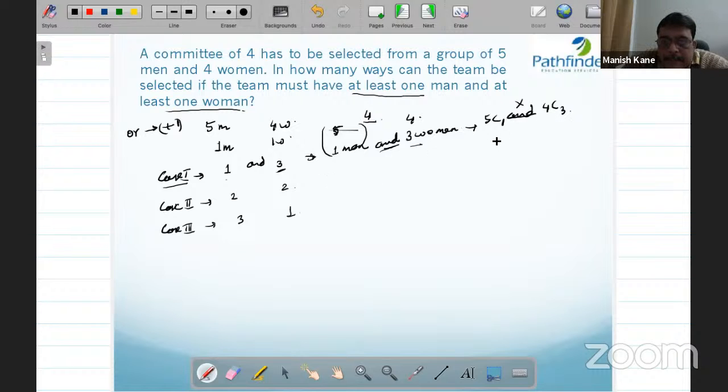Similarly, I will have 5C2 into 4C2 here, 3C2 into 5C3 into 4C1 here. So this is all very elementary.